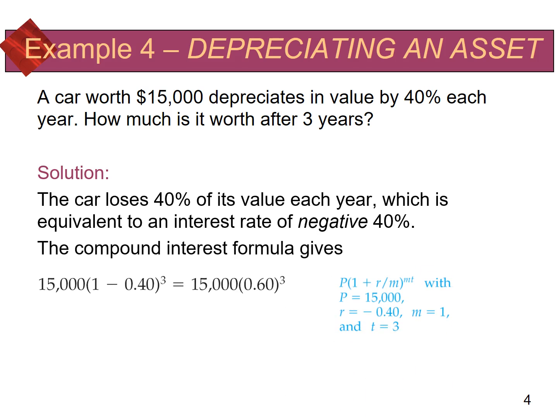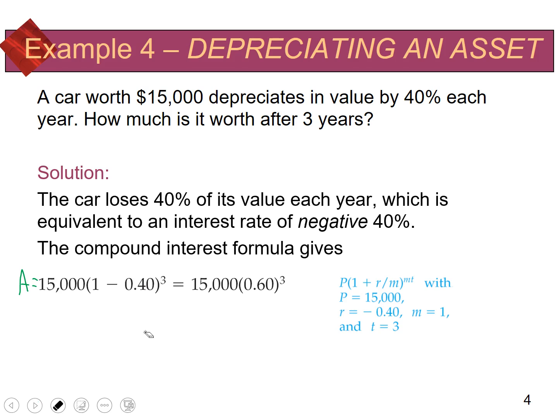So when I apply the compound interest formula, A is going to equal 15,000 times 1 minus 0.40, over 1.